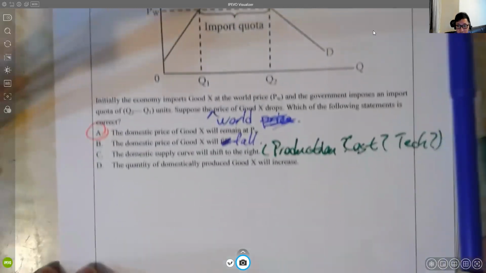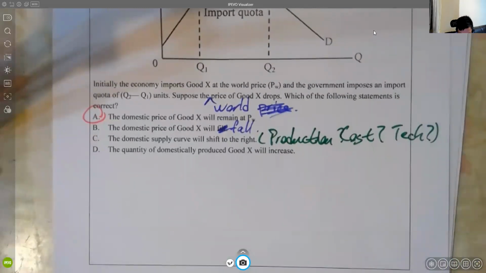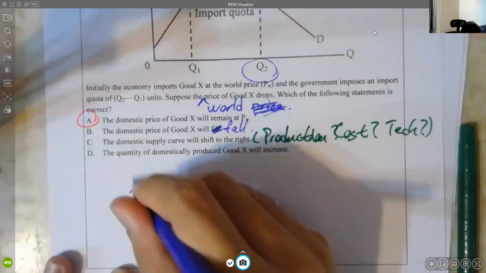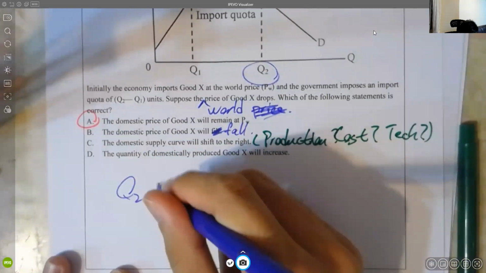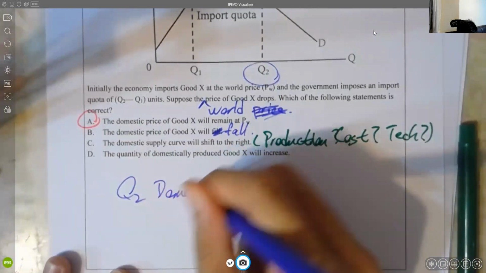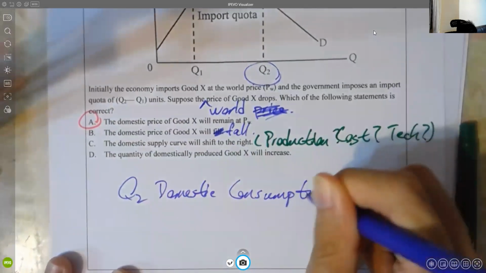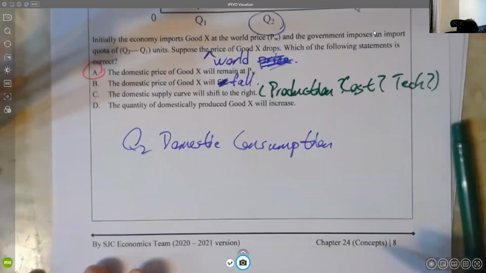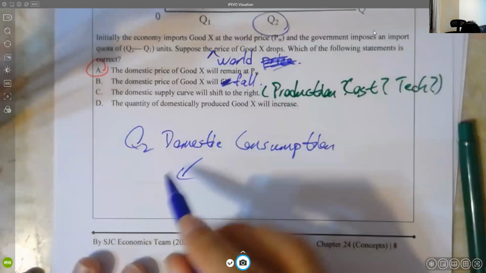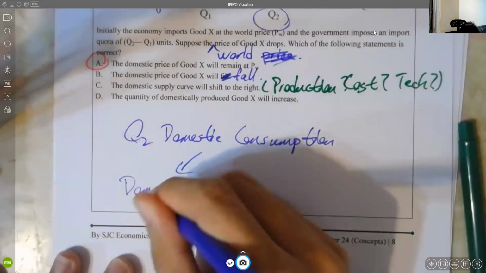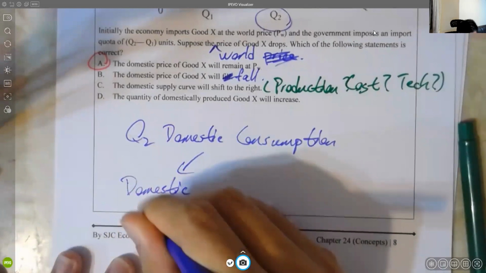All right? 好啦，但係點知係 A 啊？There are 2 ways to answer. First, you know me, I love using logic to explain. So, let's look at Q2. Q2, this is our domestic consumption, right? It consists of 2 parts. First part, it consists of domestic production.